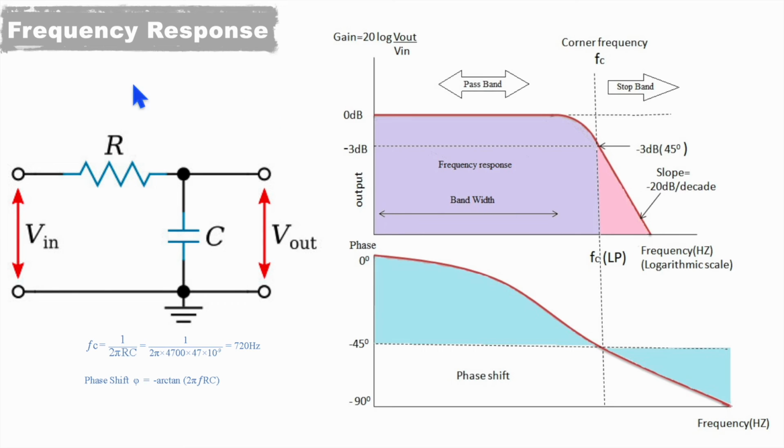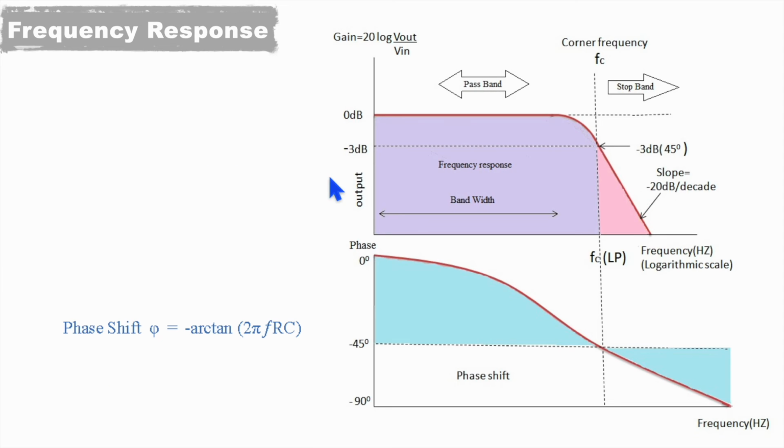Now let's see the frequency response of this low pass filter. As you can see here, for lesser frequency signals, gain in logarithmic form is 0 dB, meaning input with lesser frequency will be allowed, and once it crosses the gain of minus 3 dB, those signals will be blocked. This low pass filter not only changes the amplitude of the signal, it also changes the phase.